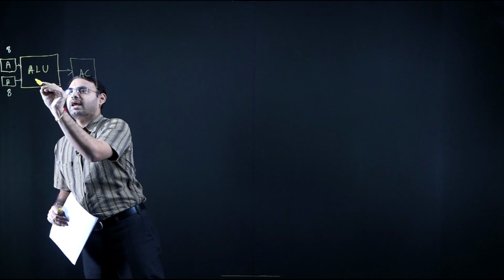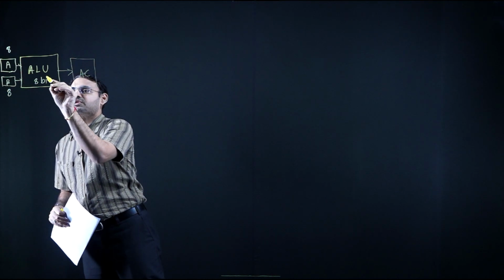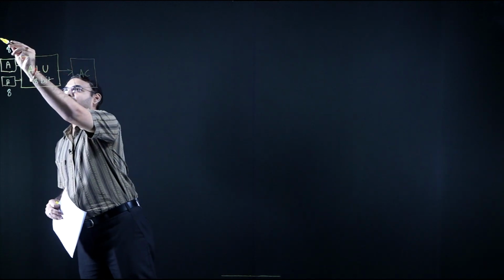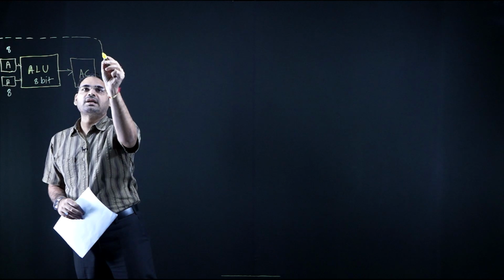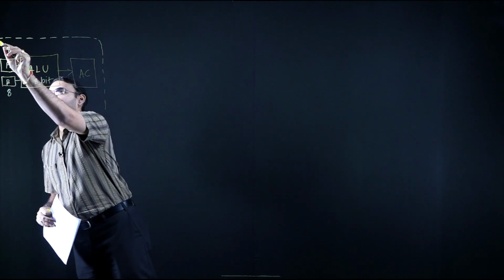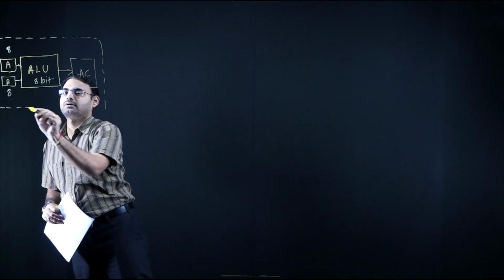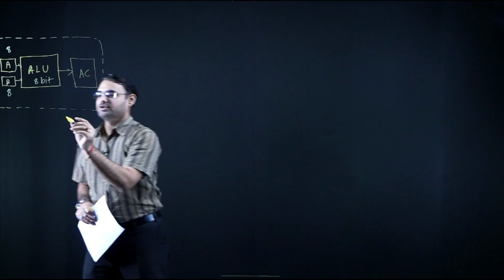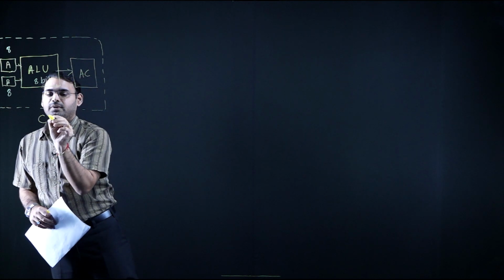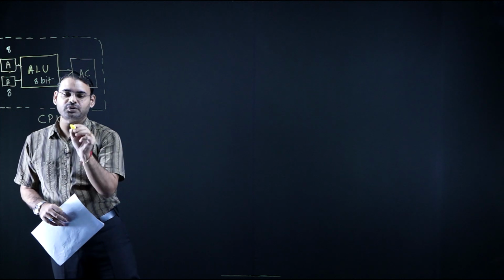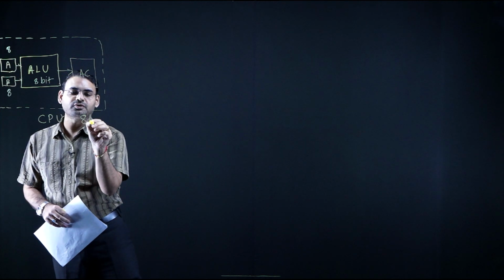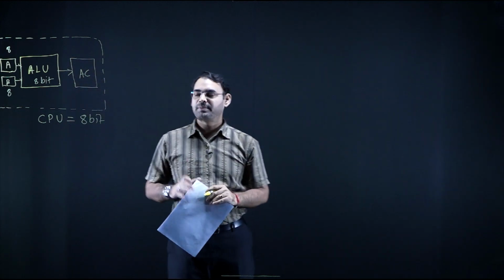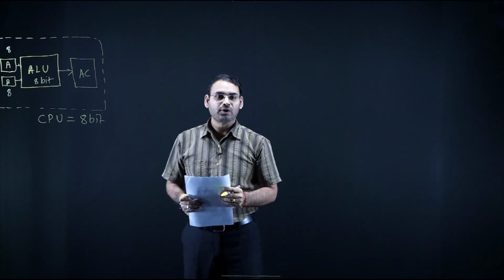That means the processor we have marked, if this is my CPU in a computer architecture system, is also 8 bit. So this is the simple concept which depends upon the ALU factor.